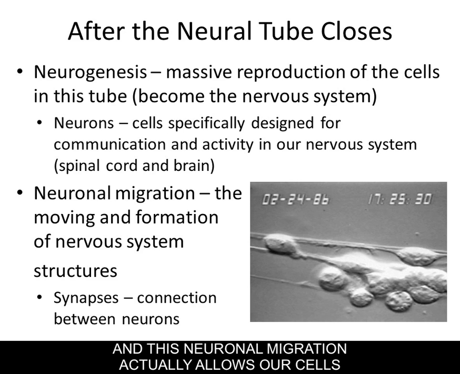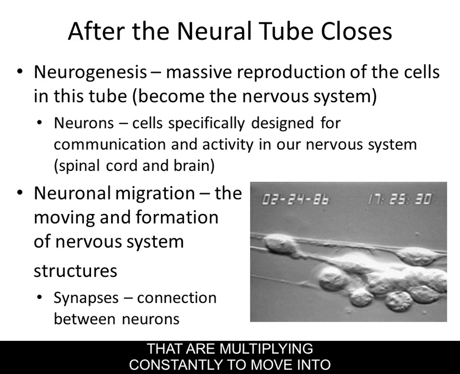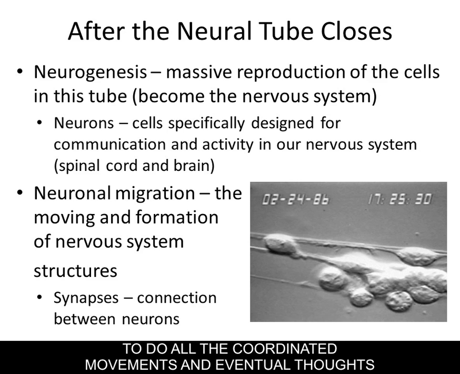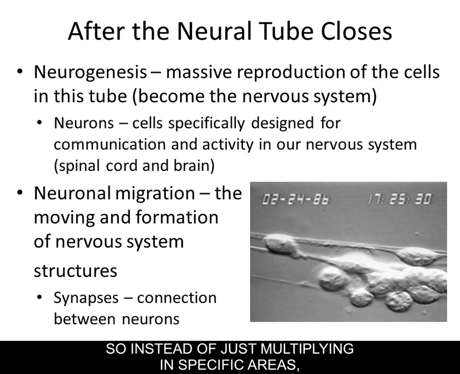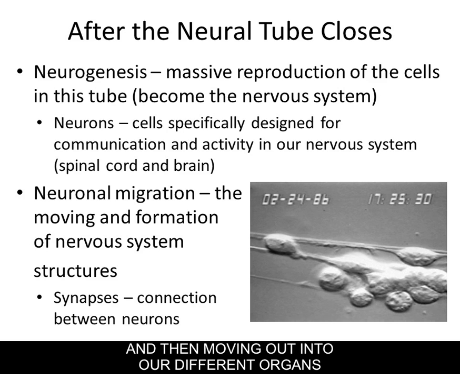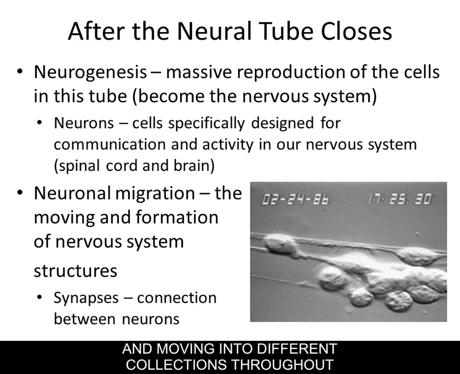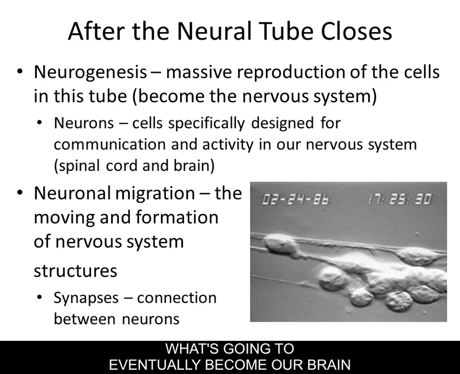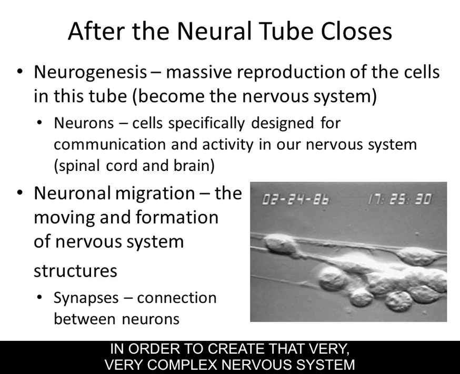And this neuronal migration allows our cells that are multiplying constantly to move into places that allow us to do all of the coordinated movements and eventual thoughts that we're capable of. So instead of just multiplying in specific areas, we have numbers of cells multiplying and then moving out into our different organs and into different collections throughout what's eventually going to become our brain, in order to create that very, very complex nervous system that we actually possess.